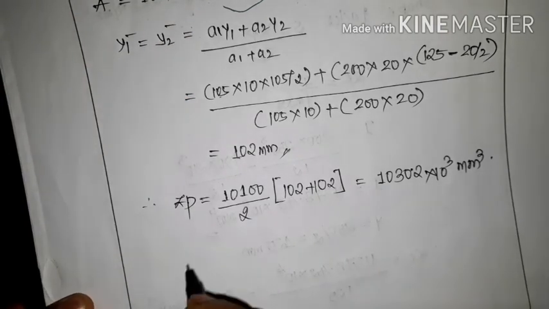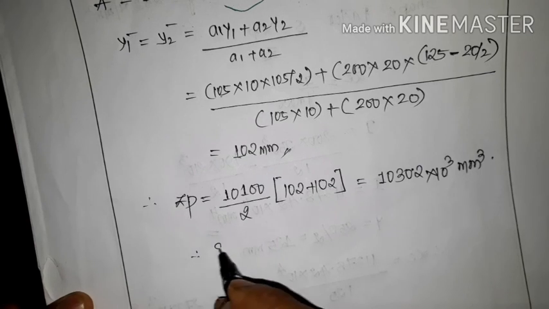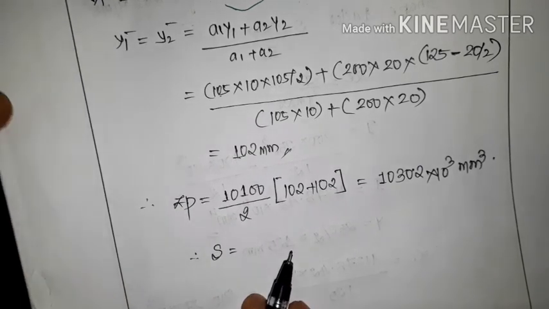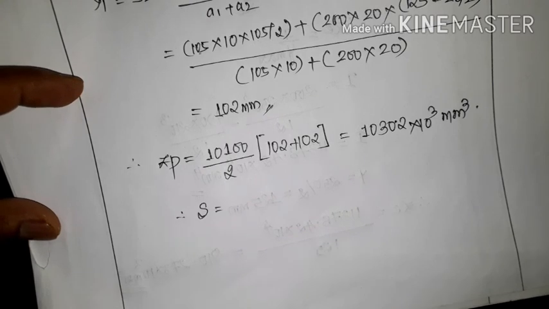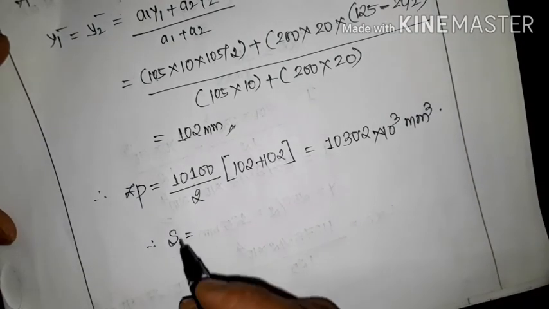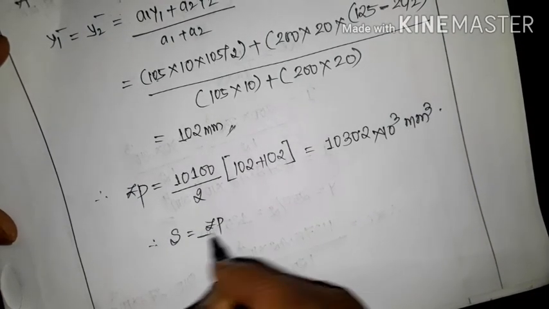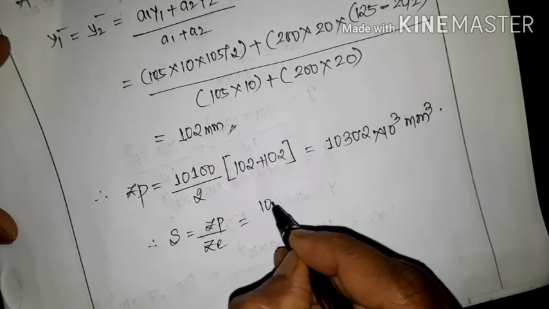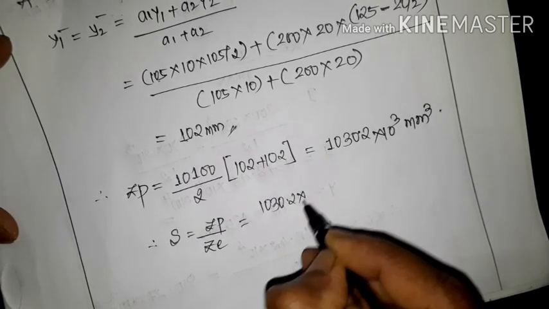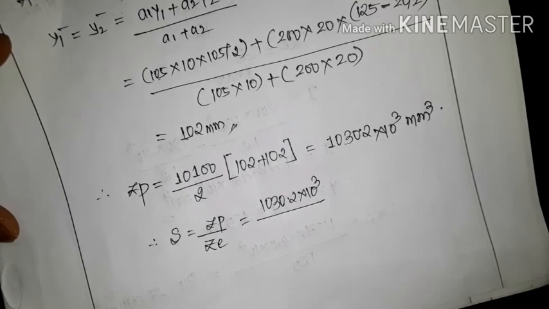So therefore the shape factor is equal to Zp by Ze. Zp we have already, 1030.2 into 10 raised to 3, divided by Ze.